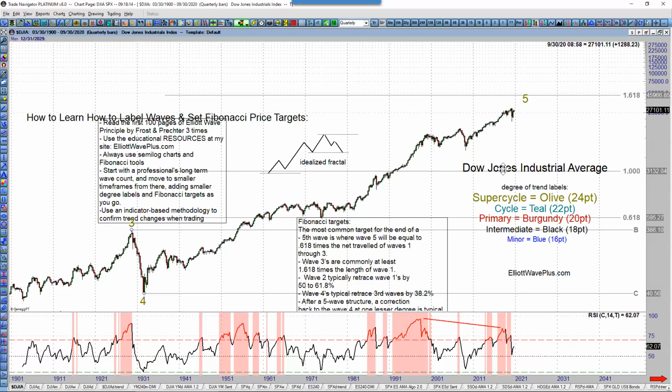That would give us this fifth wave up has just blown way higher than a typical 0.618 target. And it's even blown up where the fifth wave up from that low in 1932 is well past equality with waves 1 through 3, and we're nearing where the fifth wave up starting 1740 could be.